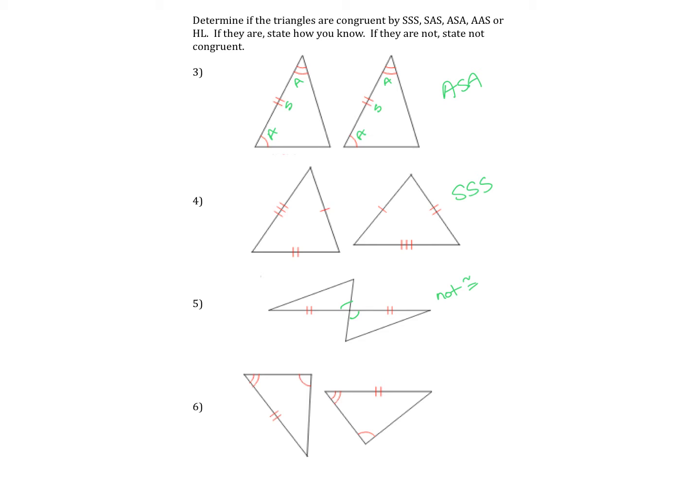So now let's take a look at this one. Notice the side that's marked. This is not the included side. The included side would be the one in between the two angles, and it's not marked in this diagram. So when I write this, I cannot write the S in between the two A's because my side that's marked is not in between the two angles.